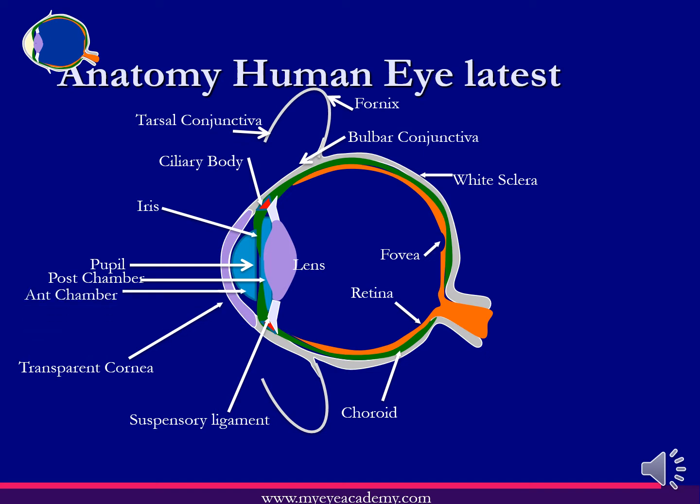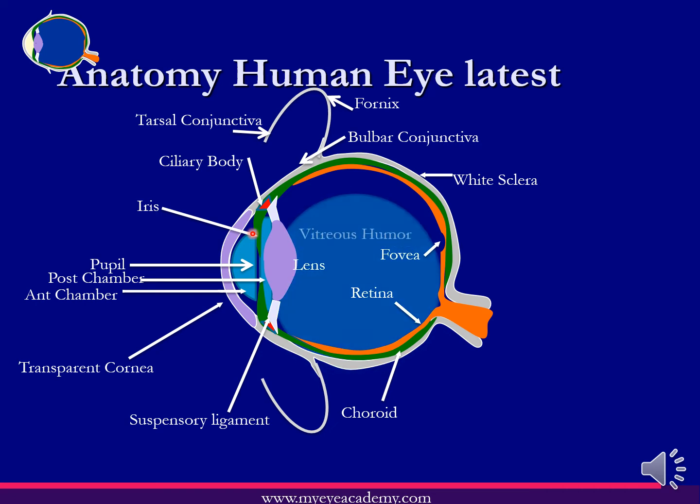The aqueous humor is produced in the ciliary body here, and from here it comes into the posterior chamber, then through the pupil comes into the anterior chamber, and then gets drained through the trabecular meshwork mostly. Behind the lens is a cavity which is filled with the vitreous and is called vitreous cavity, and the gel itself is called vitreous humor.